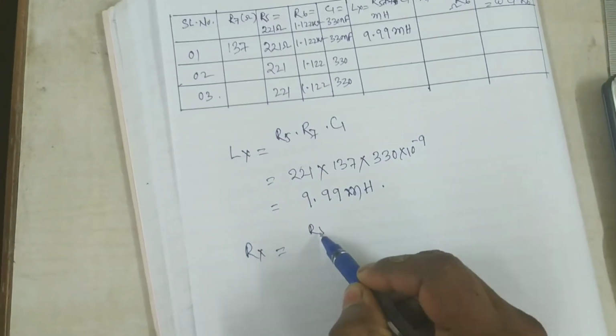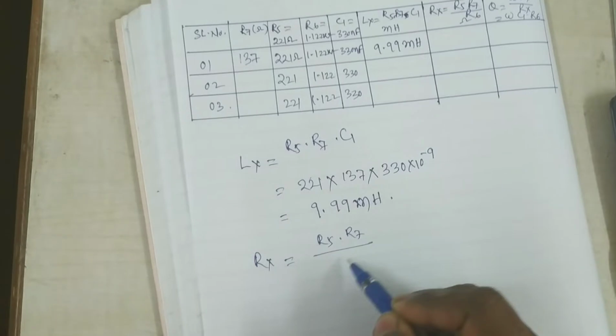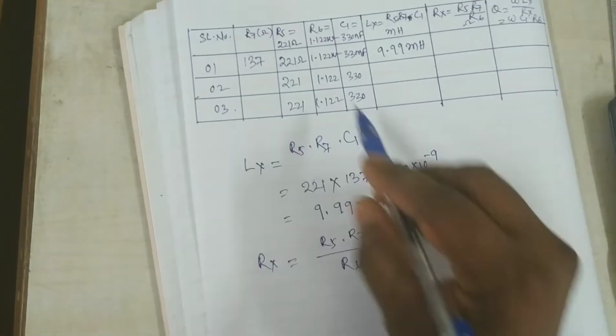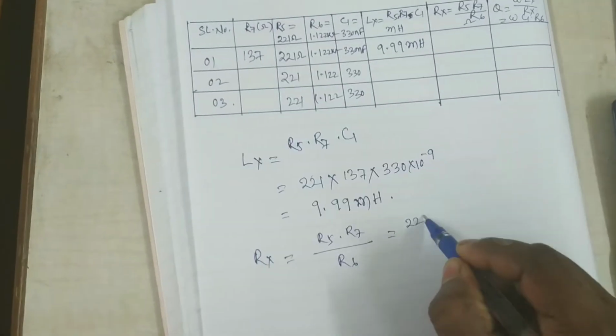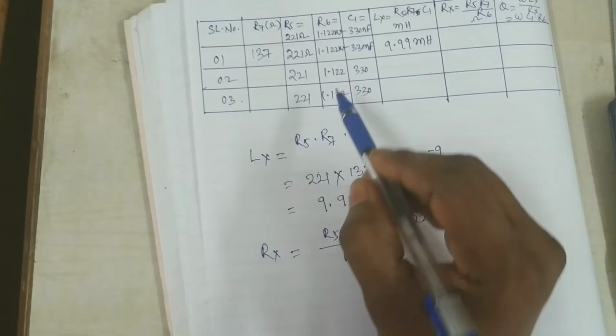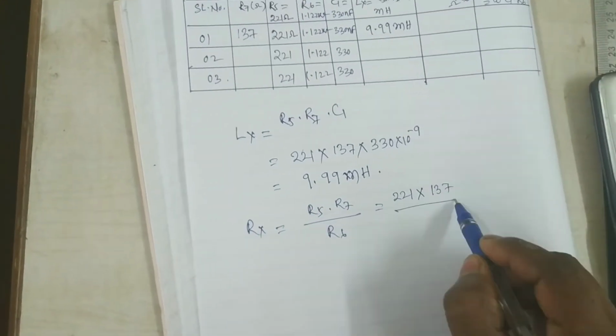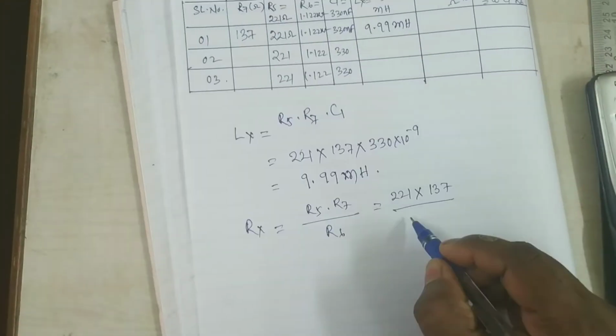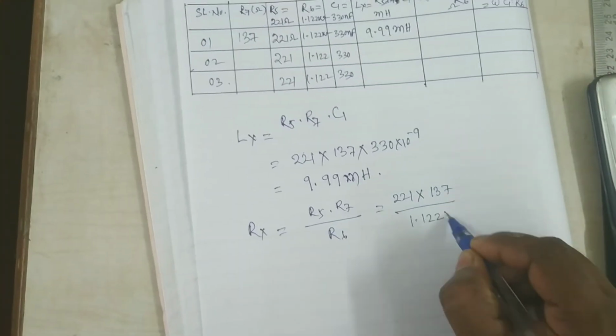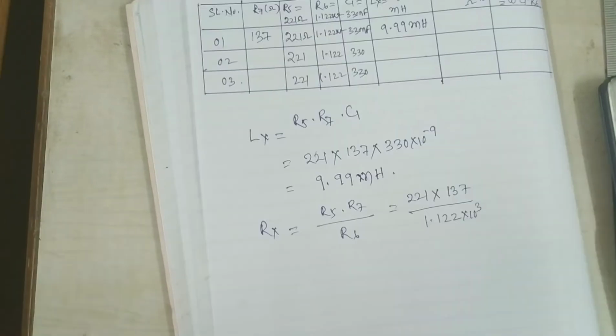Rx equal to R5 into R7 divided by R6. So R5 is 221, R7 is 137, and R6 is 1.122 kilo ohm, means 10 to the power 3.